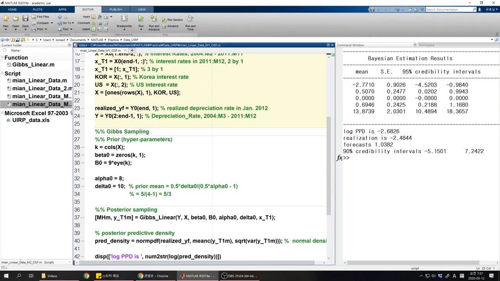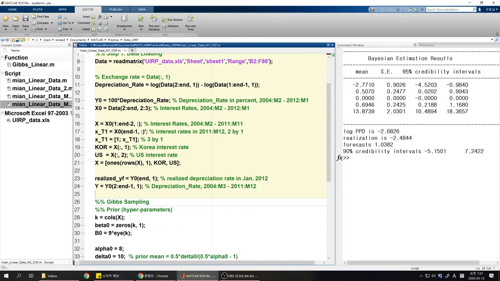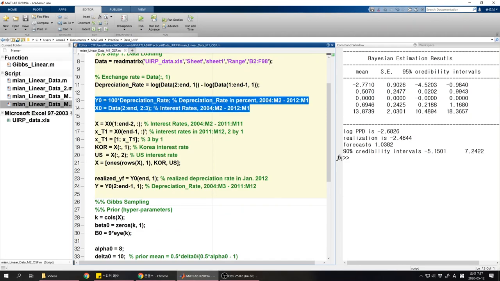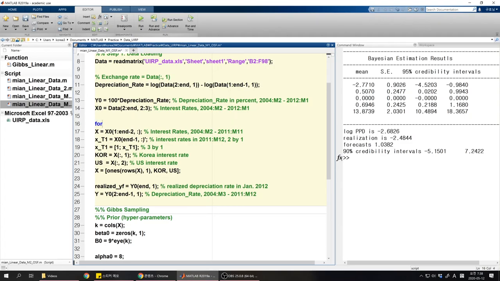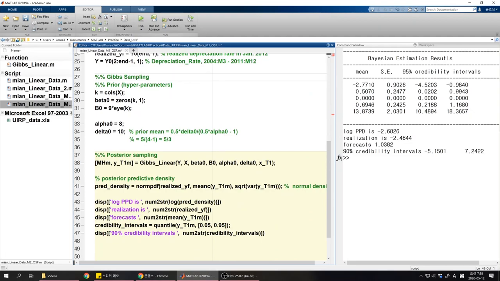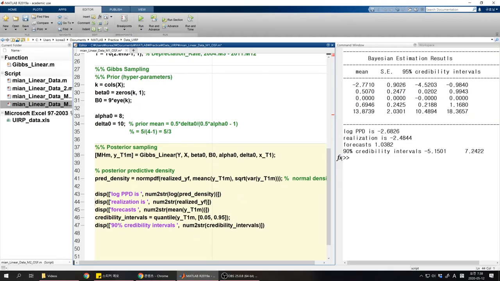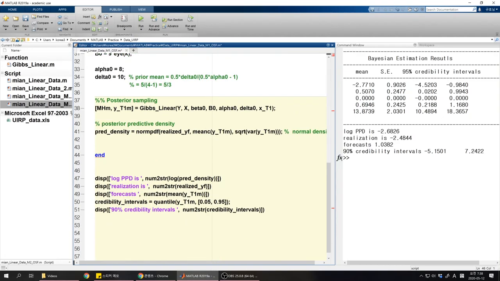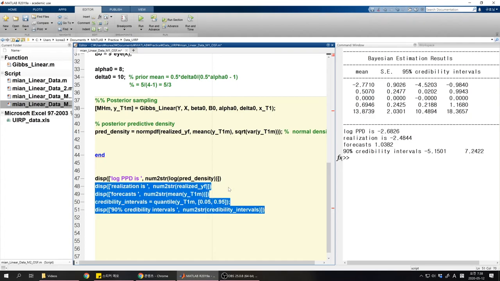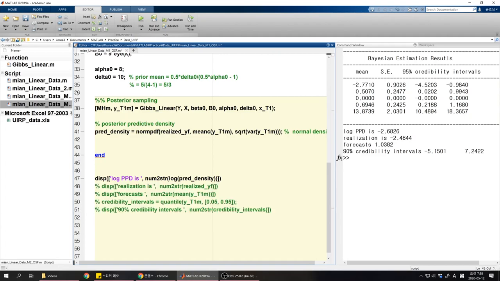So let me show you how to do this. Again, this is the full sample. Because we are supposed to repeat very similar work, it would be better to use a for loop. For now we don't need these displays.